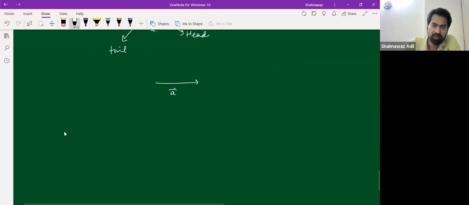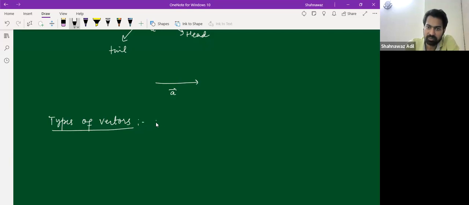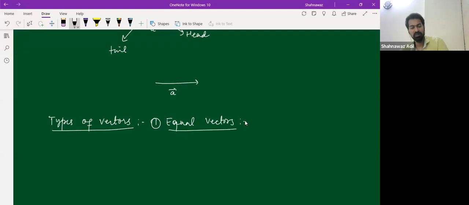So let's say, what are the types of vectors you have? The first one is the equal vector. So let's say you are given a few vectors, and if you want to find out whether those vectors are equal or not, how can you check that?